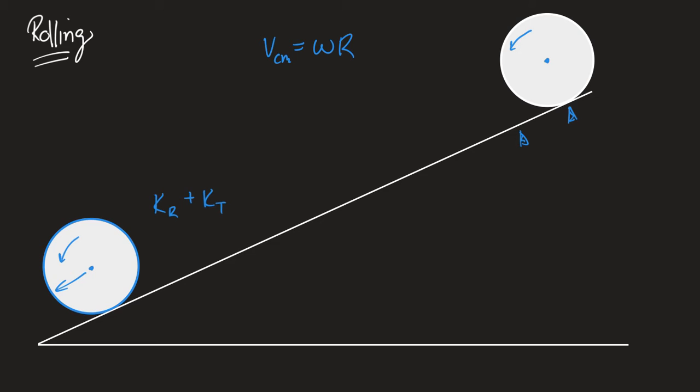And I'm going to put a capital R here to remind us that there is a radius upon which this object is rolling. This R isn't just any point on the object. For an object that is rolling, we are using the outer radius upon which it moves.